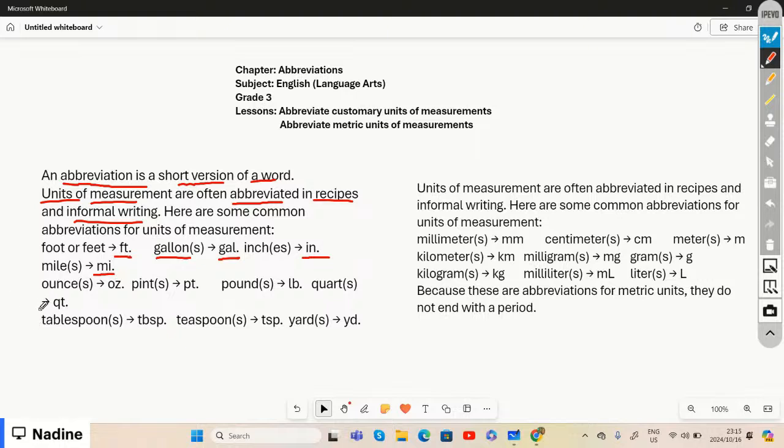And then ounces. Do you see how the word ounces changes from ounce to OZ? So, which means that after time, when you abbreviate a word, you are just going to have to remember the abbreviated form of that word.